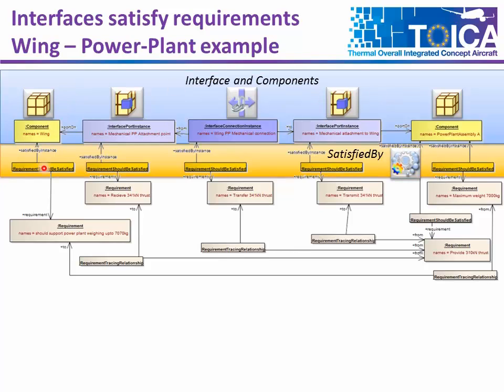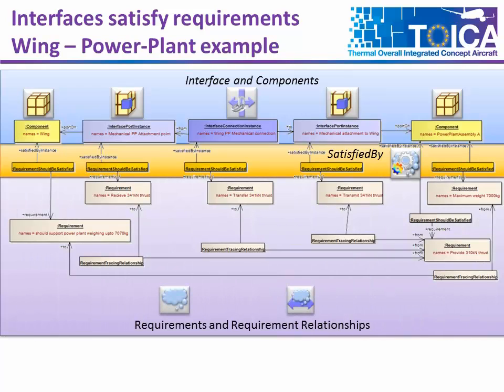Each of these components should satisfy a requirement. The requirements are shown at the bottom with their relationships. So, for example, the port on the wing must receive a certain amount of thrust, and the port on the power plant will transmit that amount of thrust.